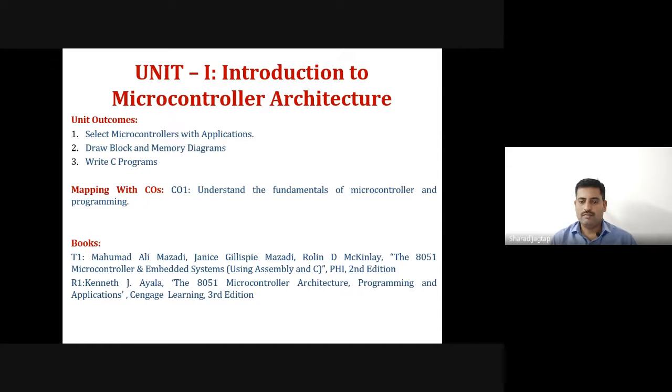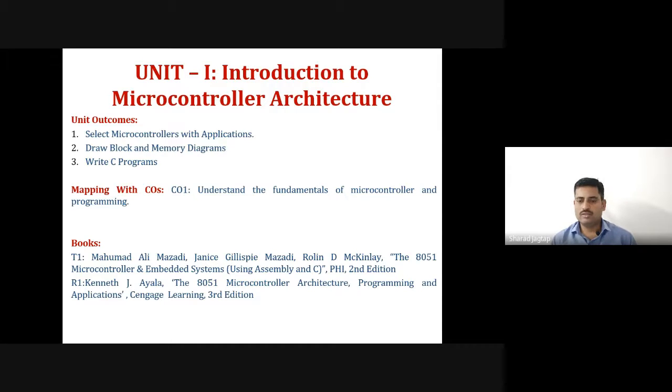Then mapping with COs, that is course outcomes, how they get mapped. CO1 is understand the fundamentals of microcontroller and programming. It gets mapped with our first unit, that is Introduction to Microcontroller Architecture.